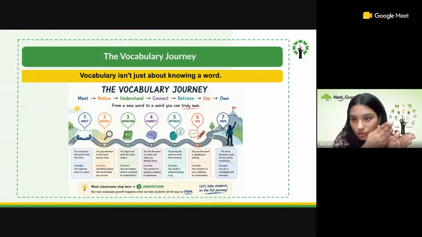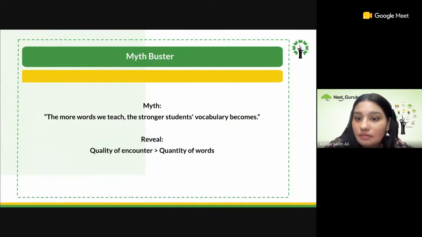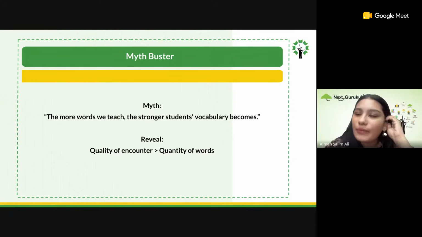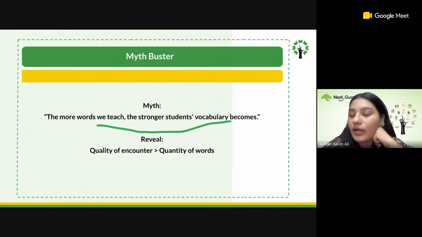If a student is able to do all of these things in this manner, then we can say that my student is vocabulary rich. Okay, we can move ahead. And here is a smaller myth, or a misconception, that the more words we teach, the stronger students' vocabulary becomes.